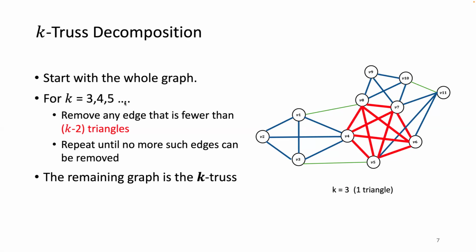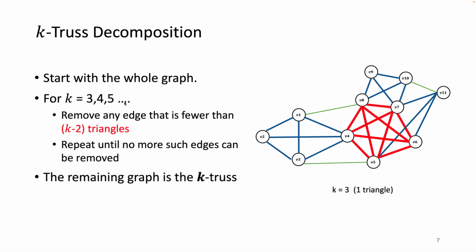We start with the whole graph and increase the value of K. Don't forget that K is the truss number of the edge. As we increase it, a pruning process goes on in the graph and the graph will be reducing, right? The remaining graph will be the K truss of the graph.